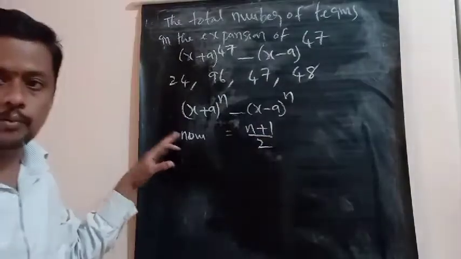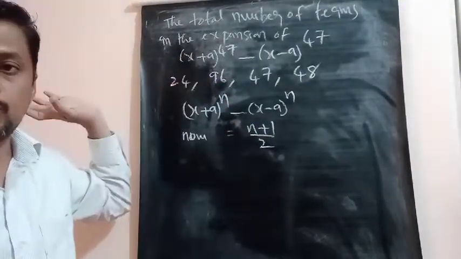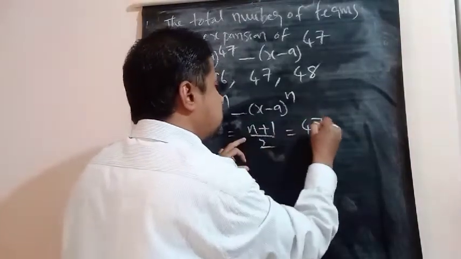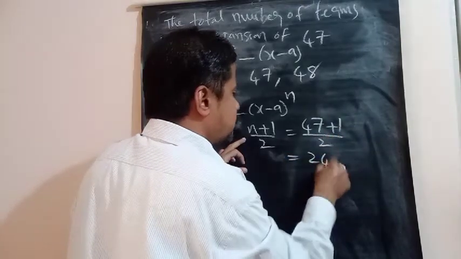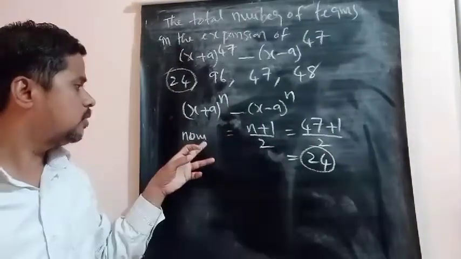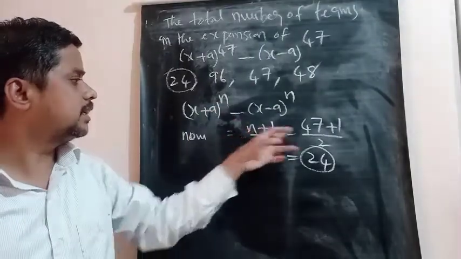This is the formula. Here n is equal to 47. So 47 plus 1 divided by 2 is 48 by 2, which is 24. So 24 is the right answer. Like that you have to solve the problem. Easy technique: if odd is there, write like that.